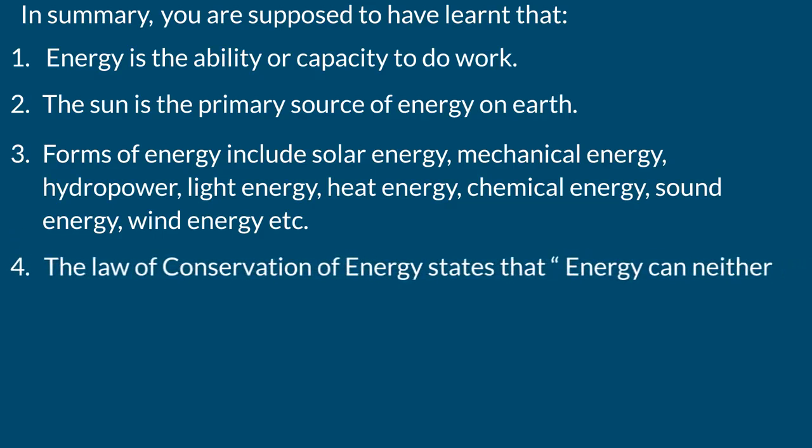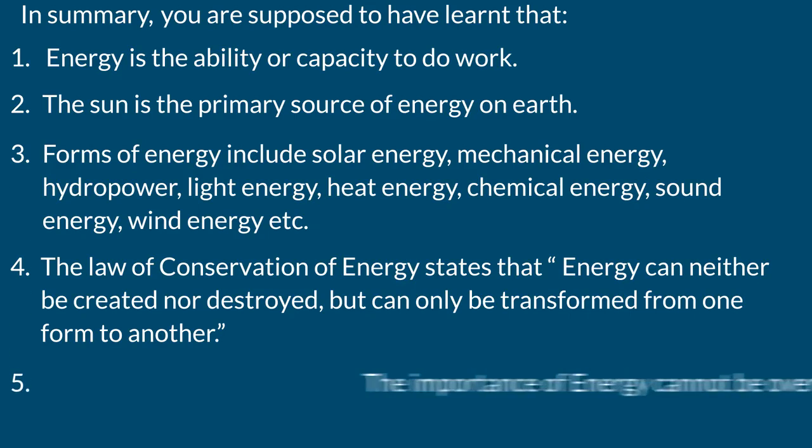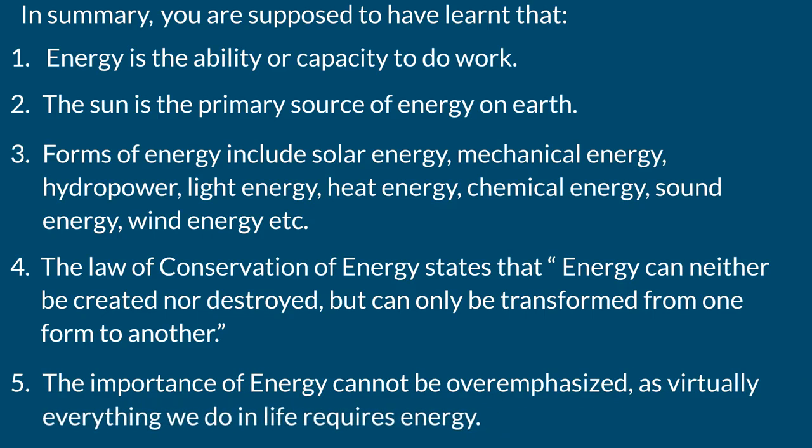And also that the law of conservation of energy states that energy can neither be created nor destroyed, but can only be transformed from one form to another. You should have also learnt the importance of energy cannot be overemphasized, as virtually everything we do in life requires energy.